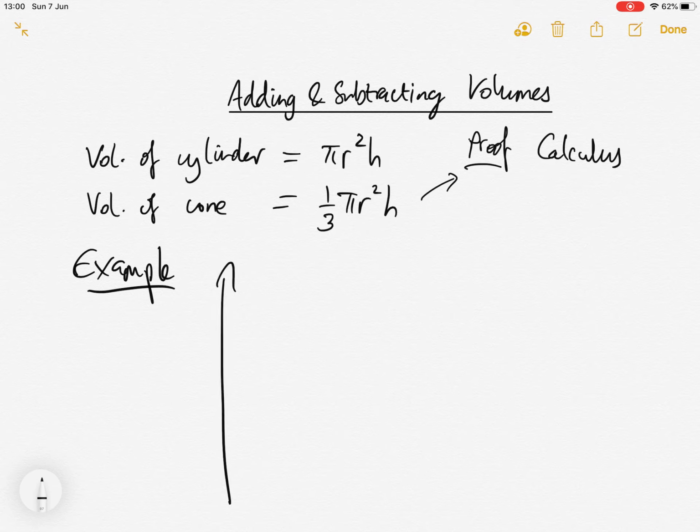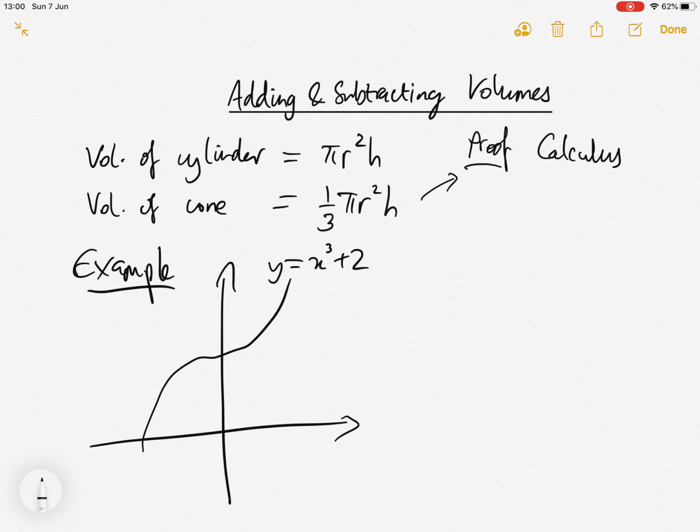So we've got the following sketch. We've got a cubic curve like this. This is y equals x cubed plus 2. And we have the line y equals 5 minus 2x. And then we have this shaded region here.